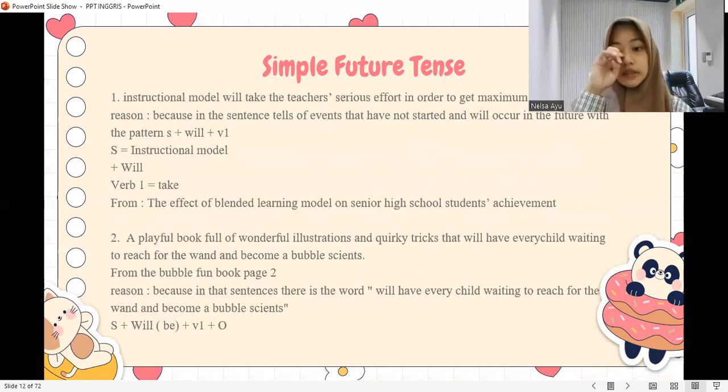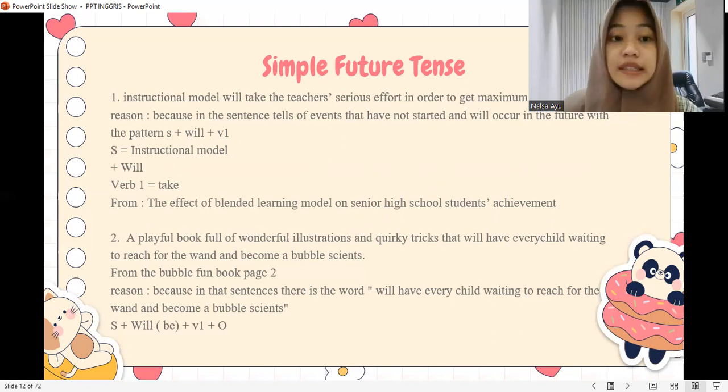For the example in number one: "Instructional model will take the teacher serious effort in order to get maximum benefit." The reason is that the sentence tells of events that have not started and will occur in the future, with the pattern subject plus will plus verb 1.